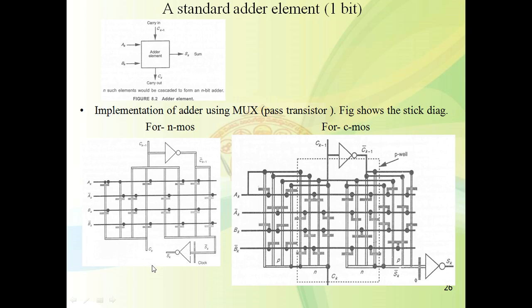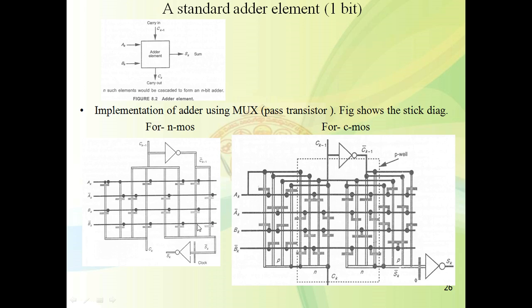Okay, now we know the first equation, that is for sum, when ak is equal to bk, then what is the sum? Here ak and bk are equal. At that time ak is high, bk is high, then these two transistors will be on.